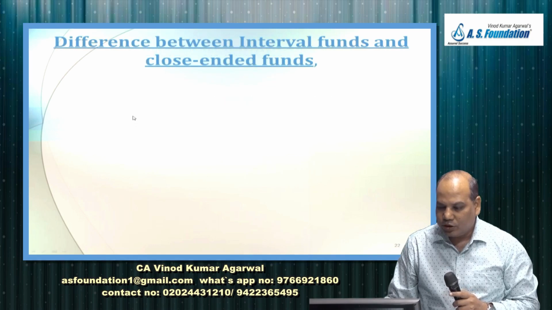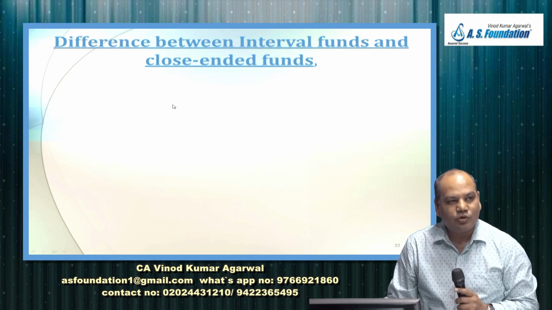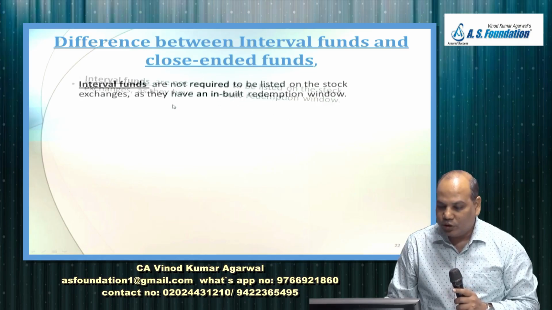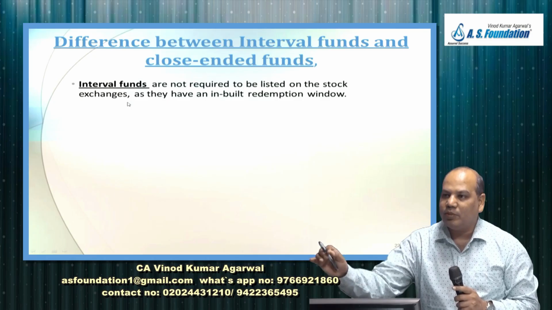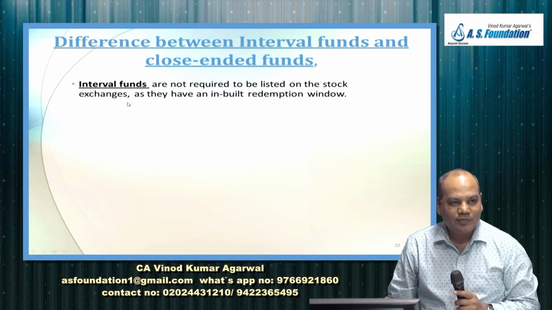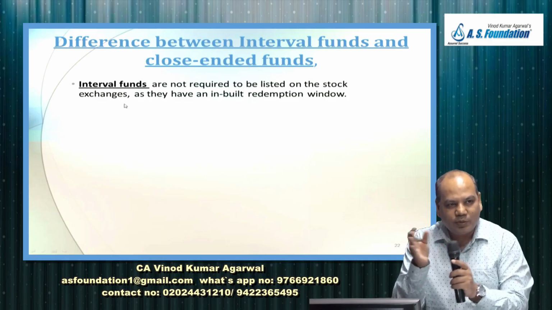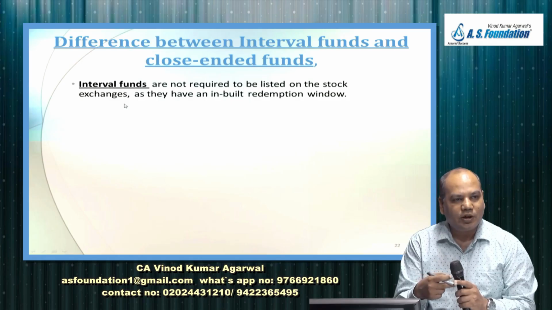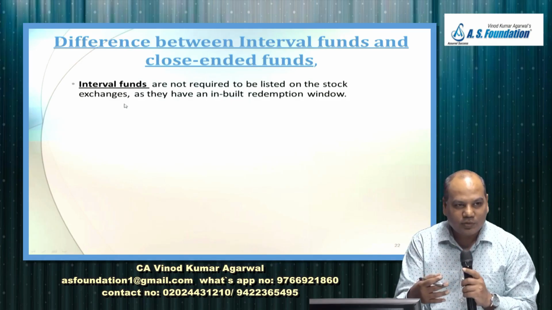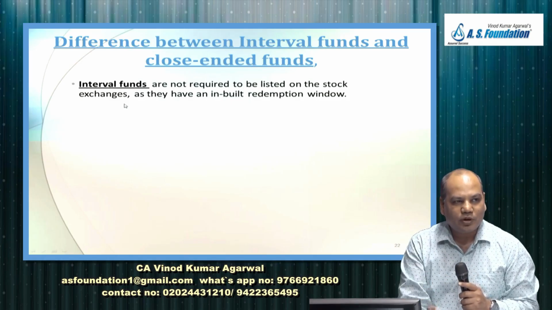Then your question can be, what is the difference between interval fund and closed-ended fund? So interval funds are not required to be listed on the stock exchange, because they give you the option to redeem after some days or months. So there is liquidity, but you have to wait for that period. Suppose it is monthly redemption, then after 30 days you can get it redeemed. If it is a quarterly redemption, after 3 months you can redeem.